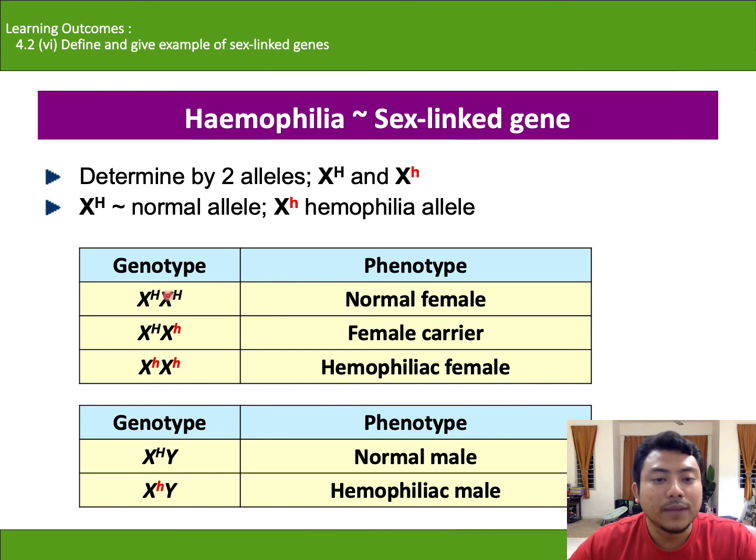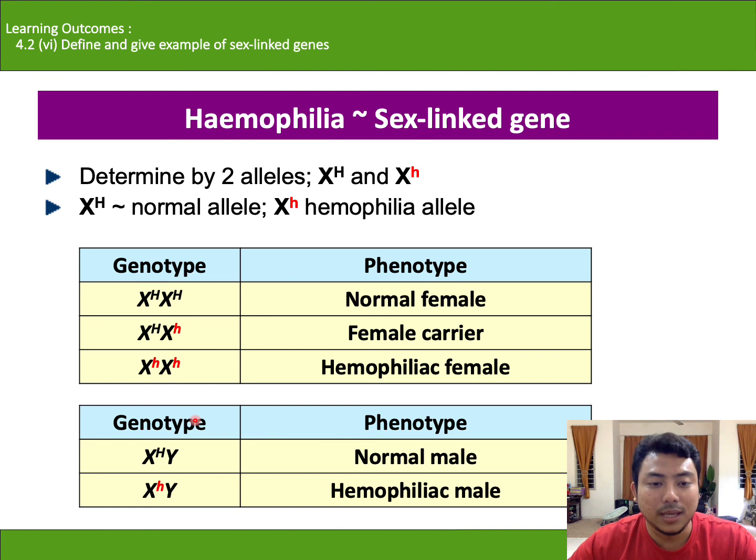So these are all in female, and this one is in male, because XY. A female is normal if she has both normal alleles, she is a carrier if she is heterozygous, and she only suffers from hemophilia if she is homozygous recessive.